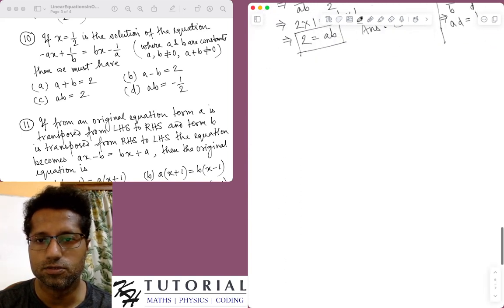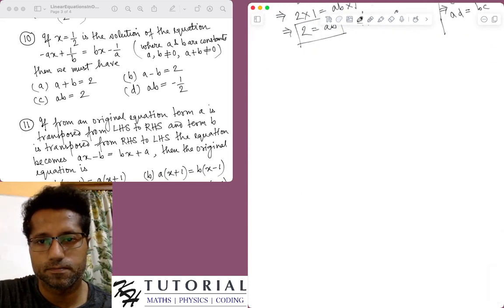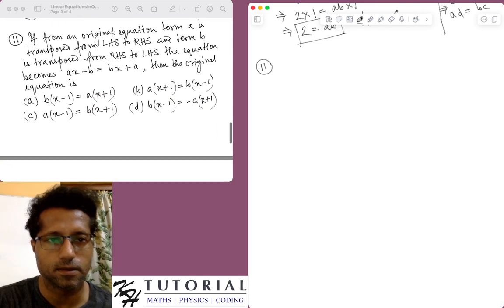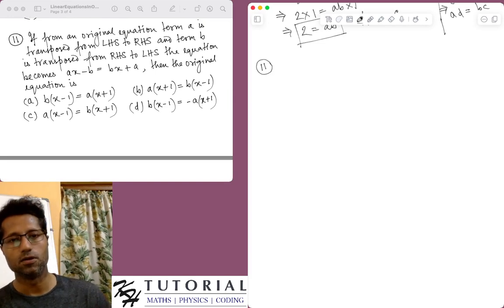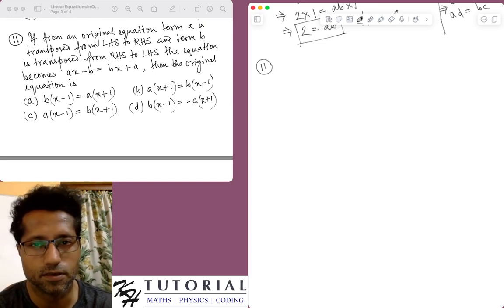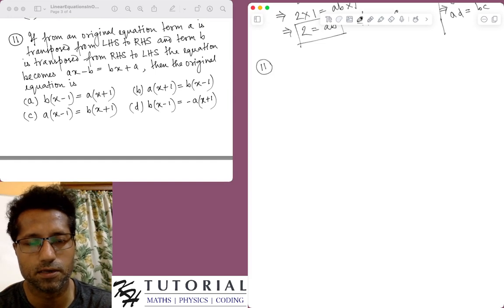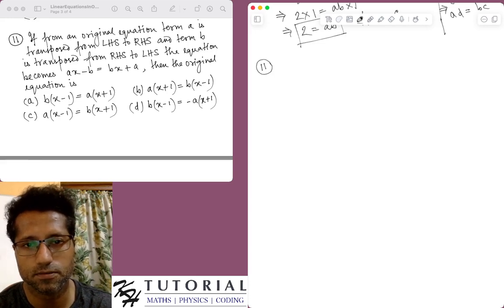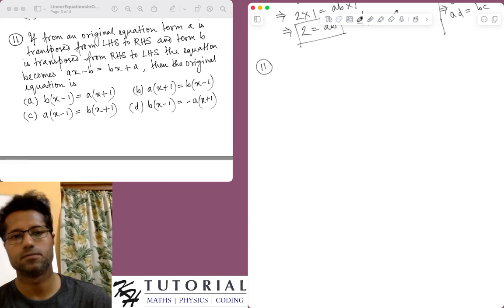Okay, let's do problem number 11. It says that if from an original equation term A is transposed from LHS to RHS and term B is transposed from RHS to LHS, the equation becomes this, then what is the original equation?